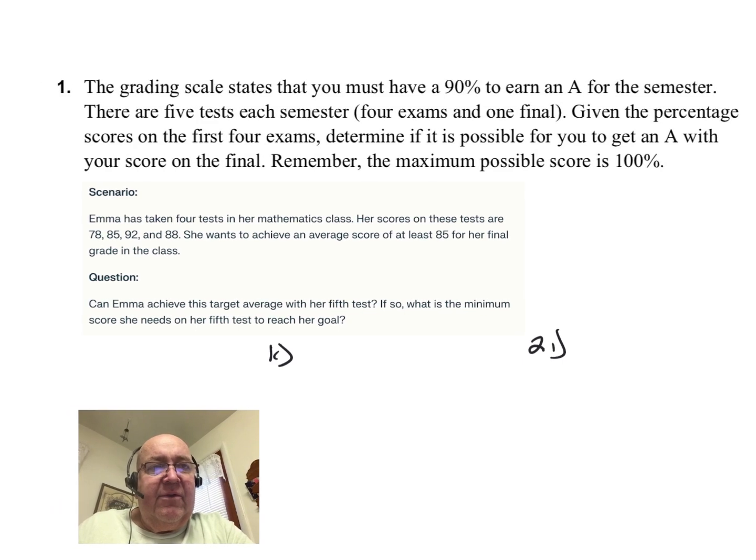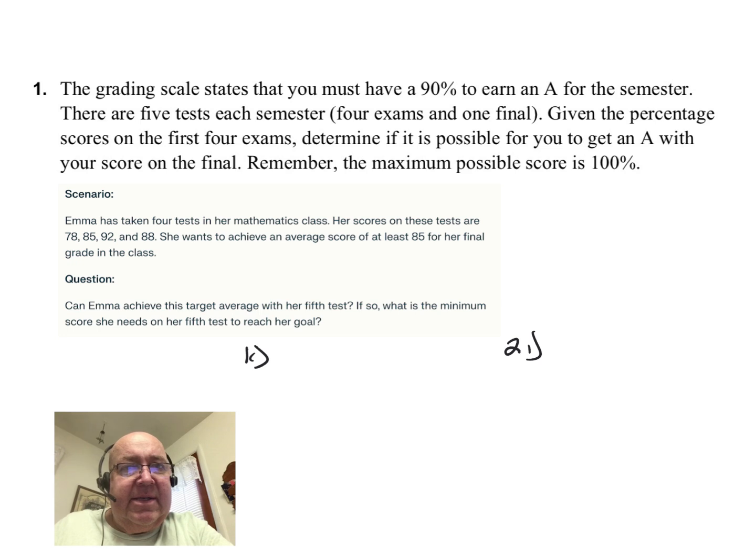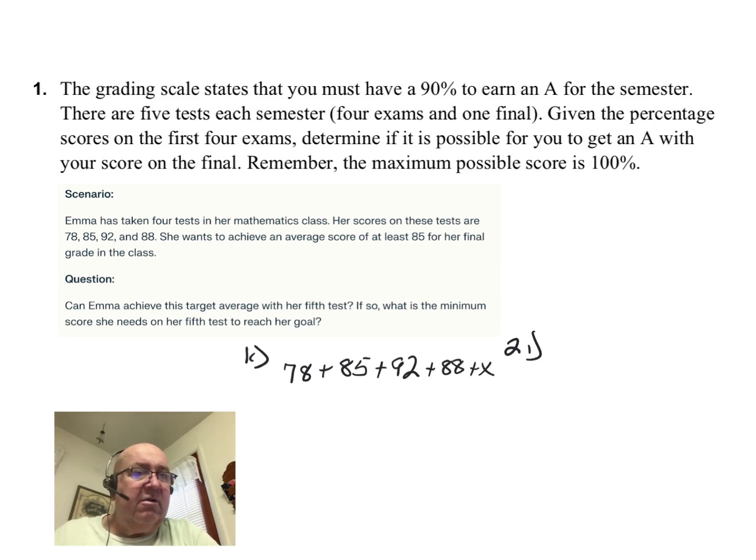So on the first one, her scores on the tests are a 78, an 85, a 92, an 88, plus her final, which we don't know what that will be.